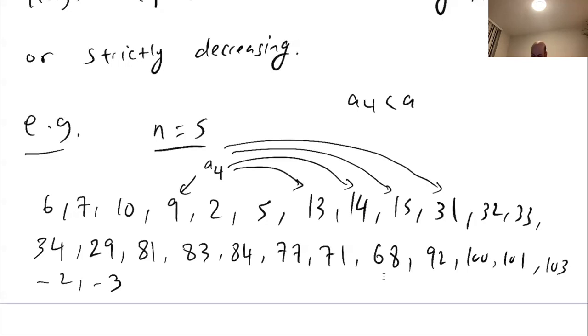Which index is 13? 5, 6, 7. A7, A8, A9, A10, A11, A12. See here I have 3, 5. It's now 7. 6 is enough. I have 6 elements, which is increasing.